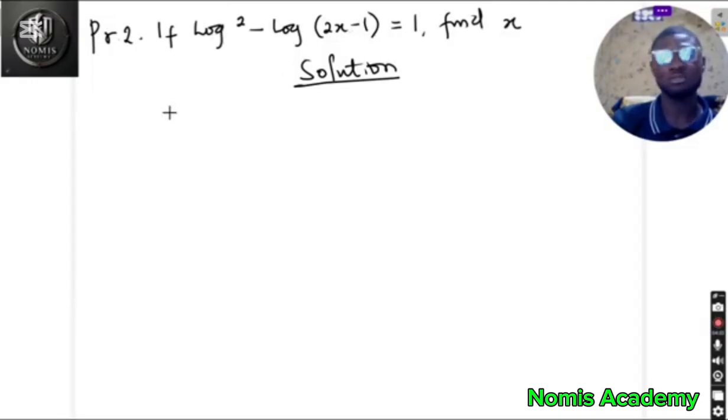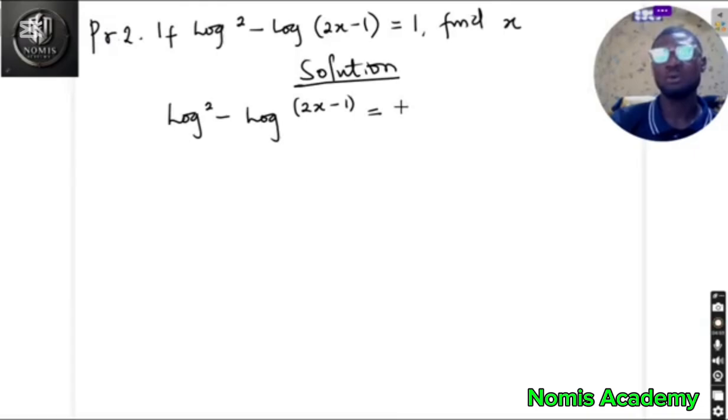Let's get into the solution. Log 2 minus log in bracket 2x minus 1 equal to, now how can I transform this to have a log? Remember the law that says log of the same base is equal to 1.